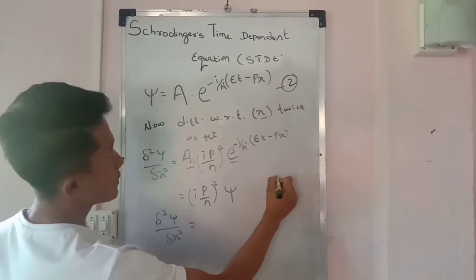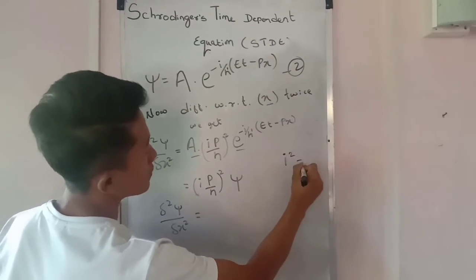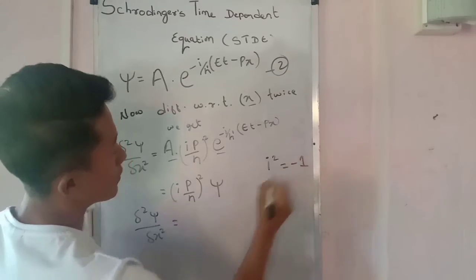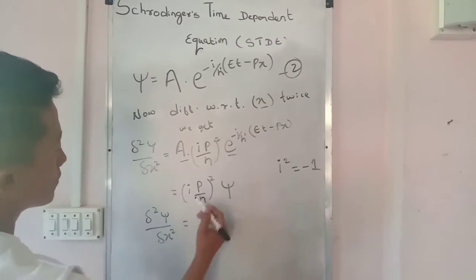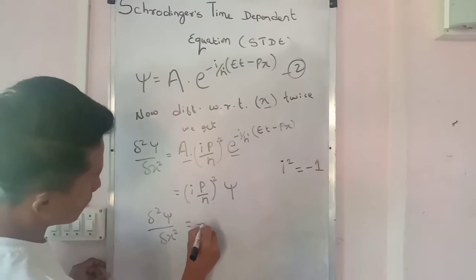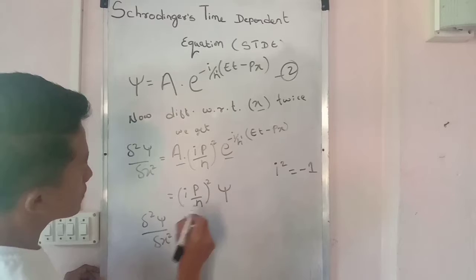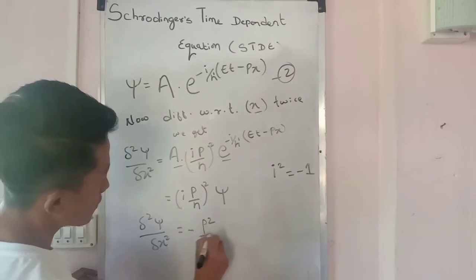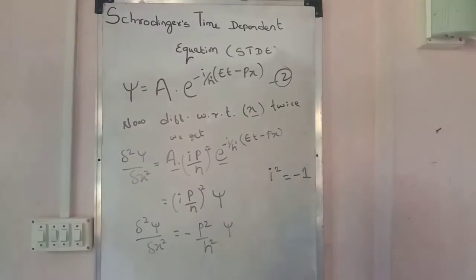We know that i square is equal to minus 1, so it is minus p square by h dash square psi.